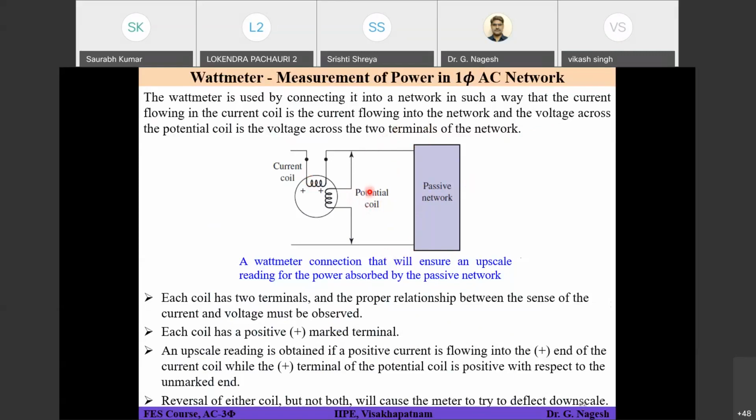The current coil should be connected in series with the network, in this fashion. And the potential coil should be in parallel with your load, in shunt format. This is how you have to connect.